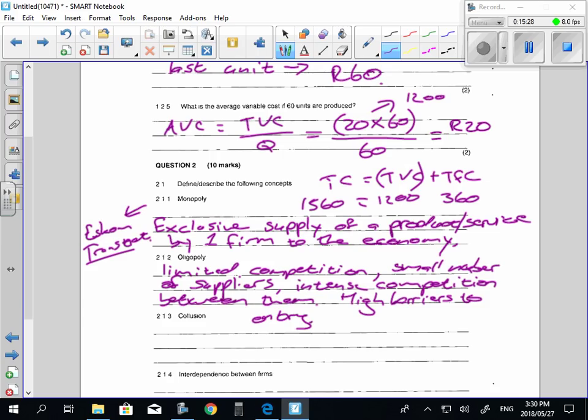Now, this is when you need to remember all your assumptions of the different market structures. So oligopoly had high entry and exit barriers. The best example of your oligopoly market structure is your cell phone networks.